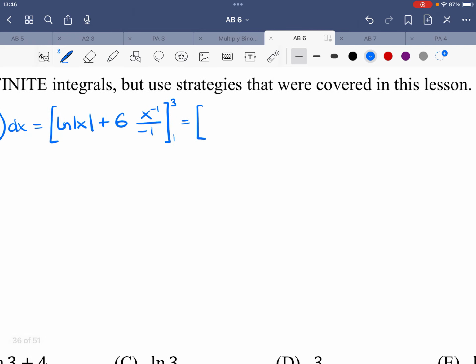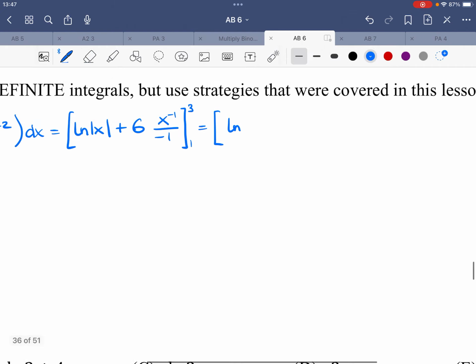So when I plug in 1, I get natural logarithm of 1 plus 6 times negative 1 minus, and when I plug in 1, I get, oops, forgive me, I think I have to plug in 3 first, my bad.